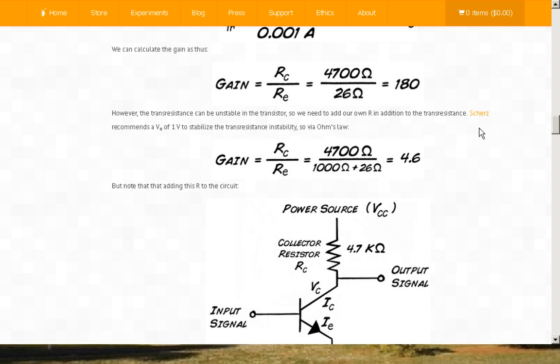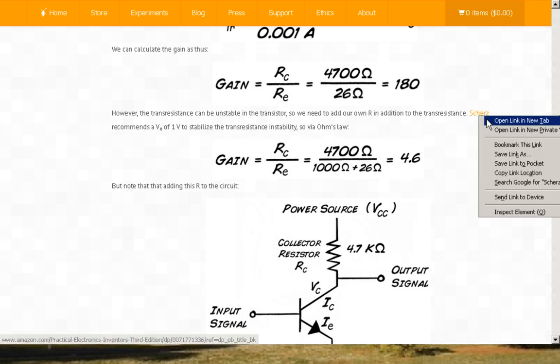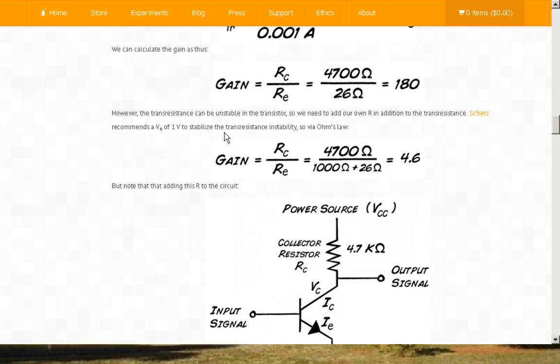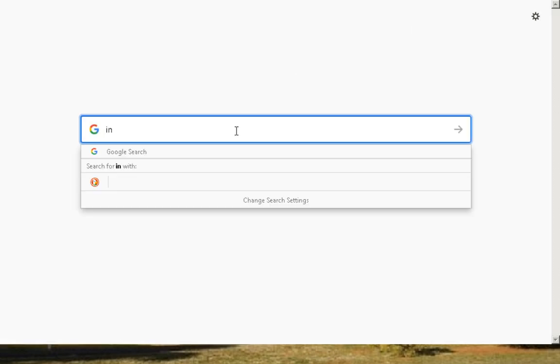This person recommends a value of VE equal to 1 volt to stabilize the transistance instability. Which is interesting.